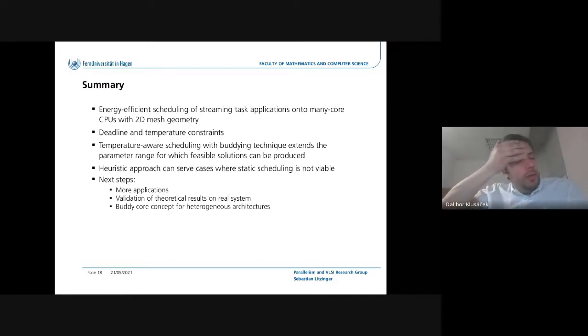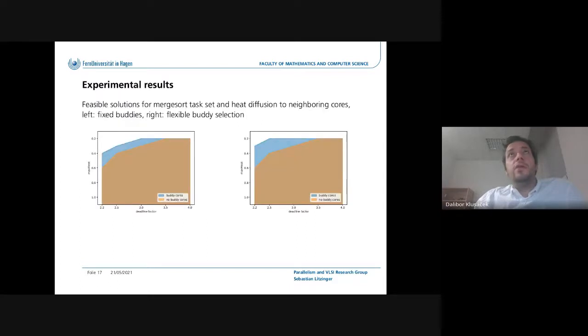I have a question, probably a stupid one, but in these figures, in some experiments, the difference between body cores, the amount of the area that expands due to the fact that you are using this body core technique, the improvement is significant.